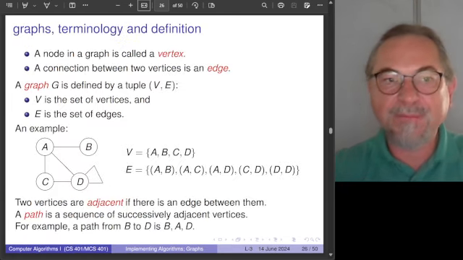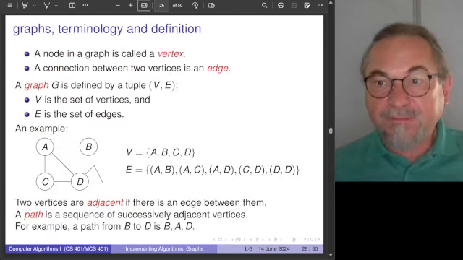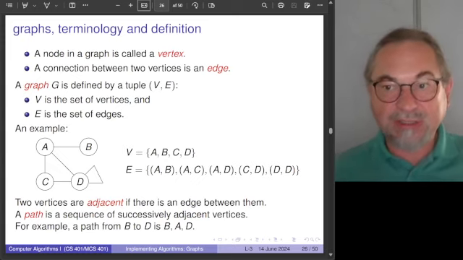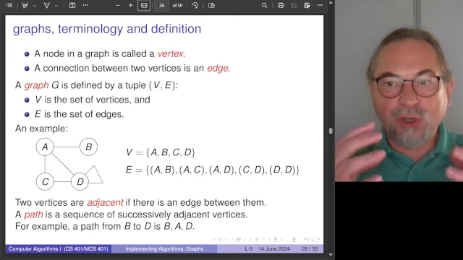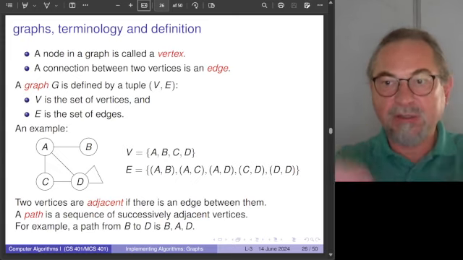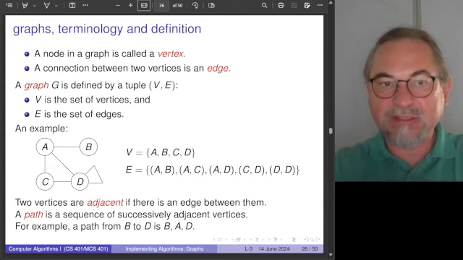What is a graph? A graph consists of connected nodes. Some nodes actually may not be connected. Think about a map where the nodes are cities.